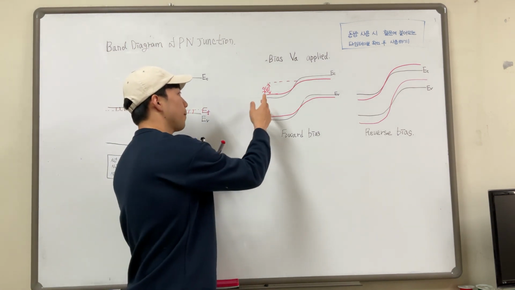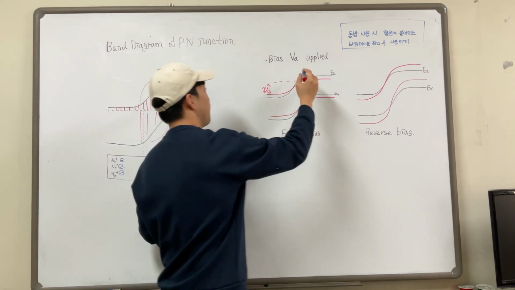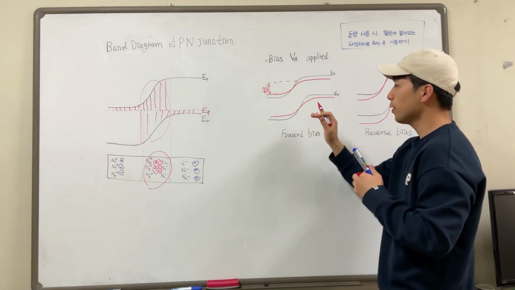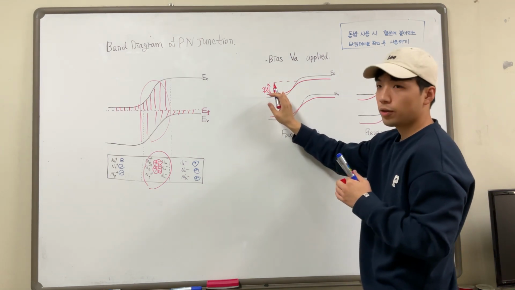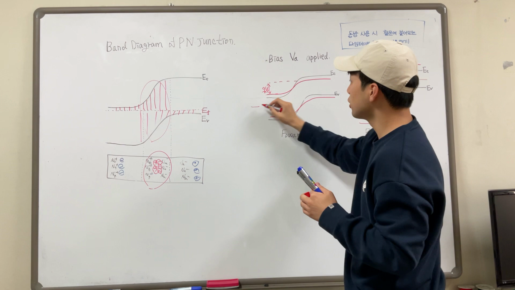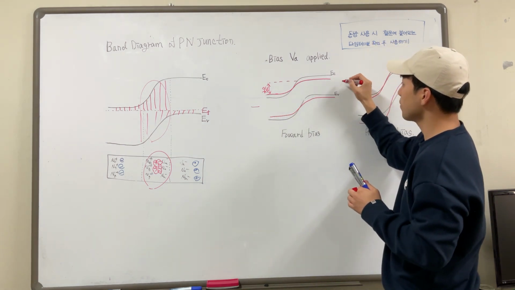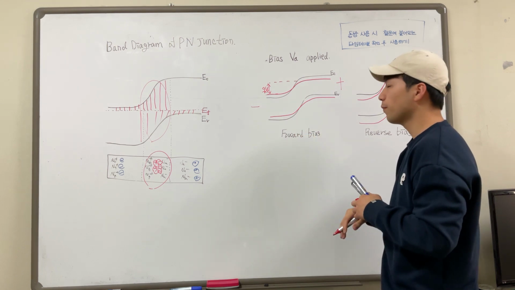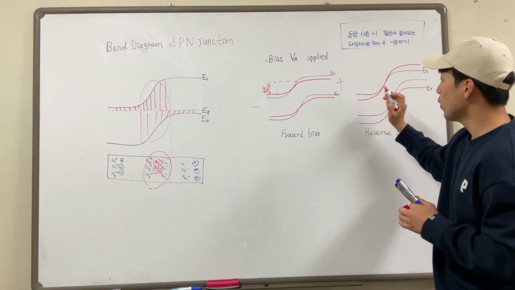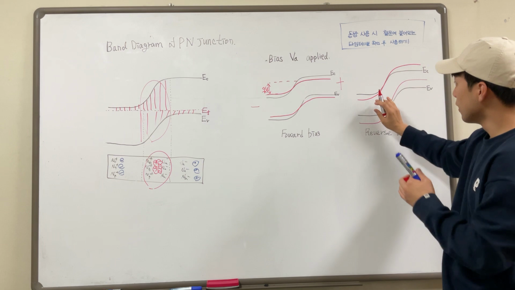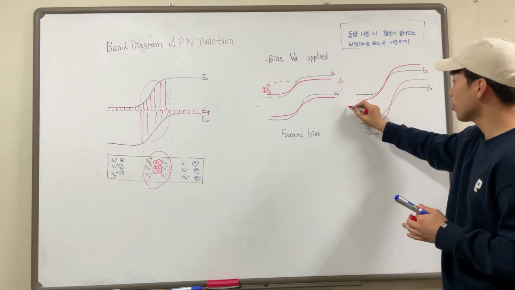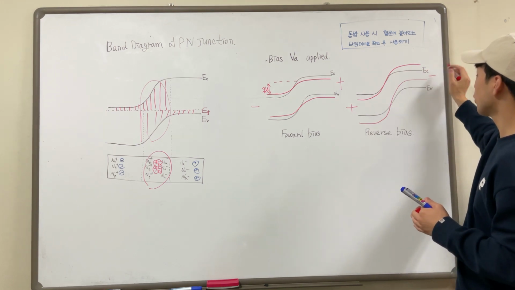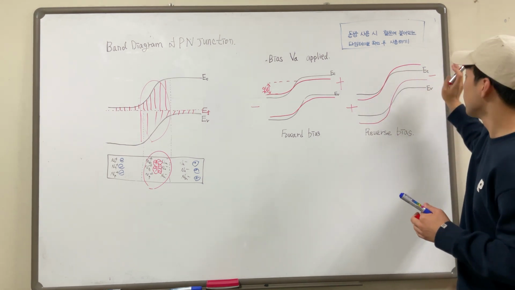When the n-type semiconductor gets a minus charge and the p-type semiconductor gets a plus charge, it means forward bias. And reversely, when the n-type semiconductor gets a plus charge and the p-type semiconductor gets a minus charge, it means reverse bias.